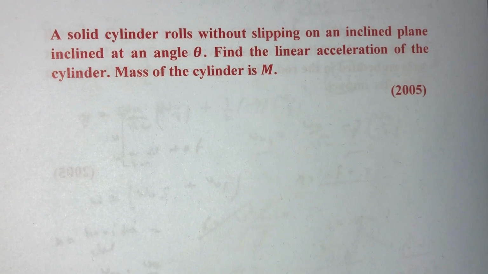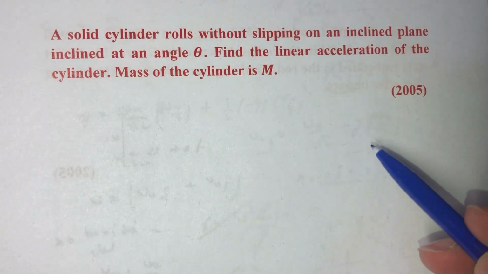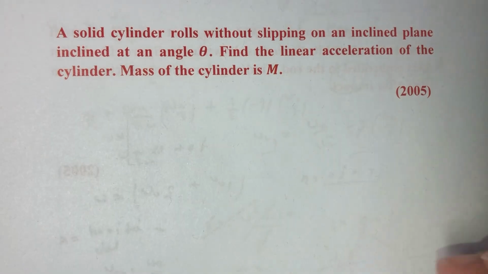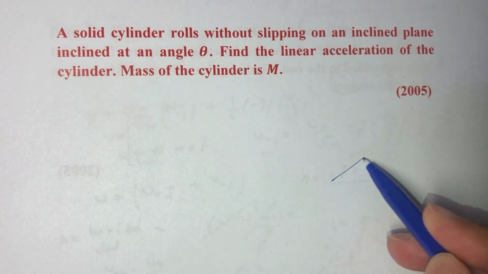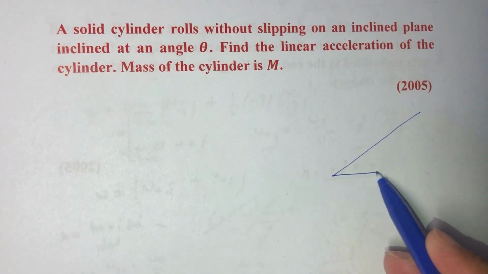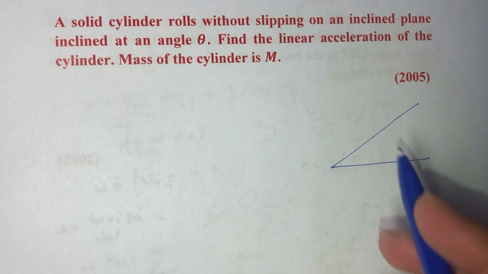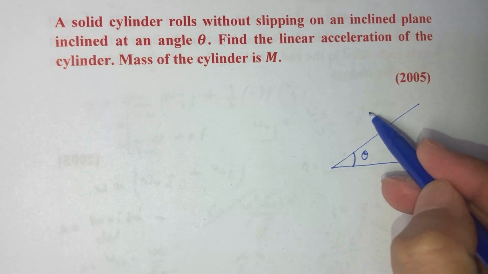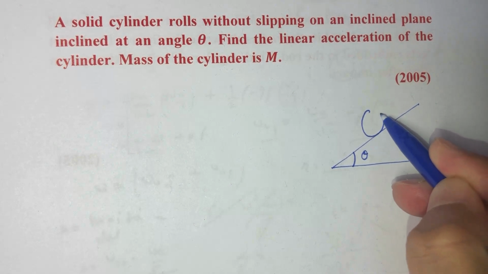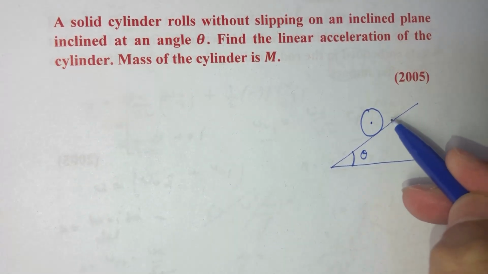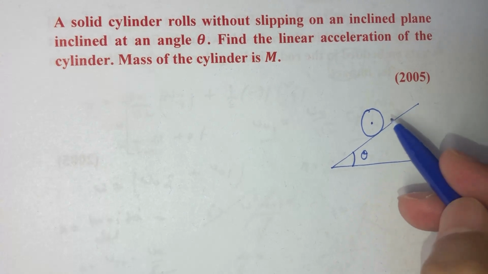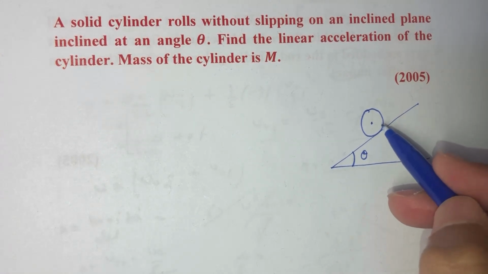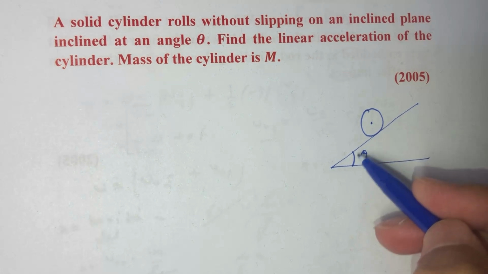So we have given the cylinder and an inclined plane. Let us suppose this is an inclined plane at an angle of theta, and we have a cylinder, and it says that it rolls without slipping.